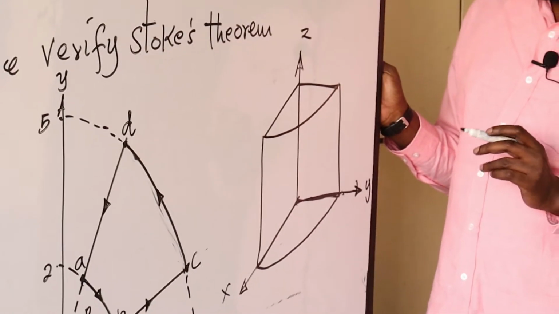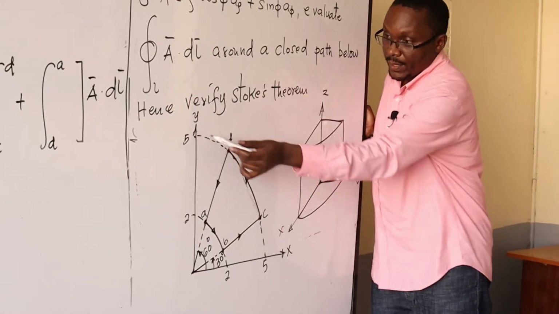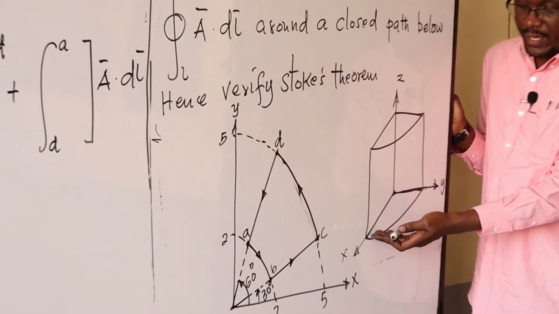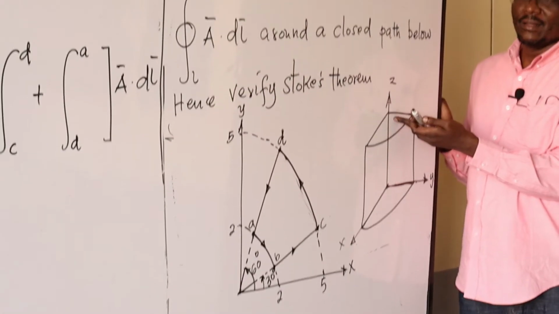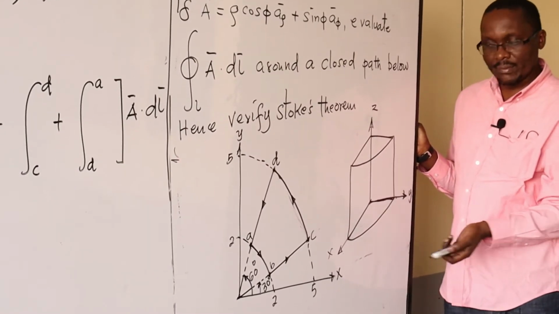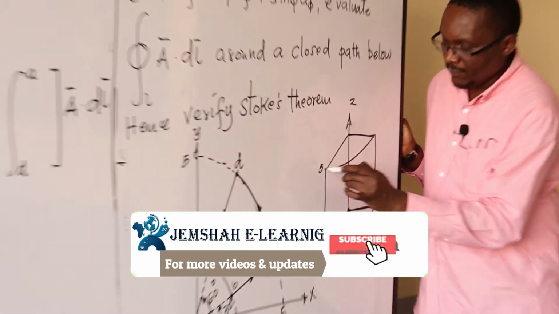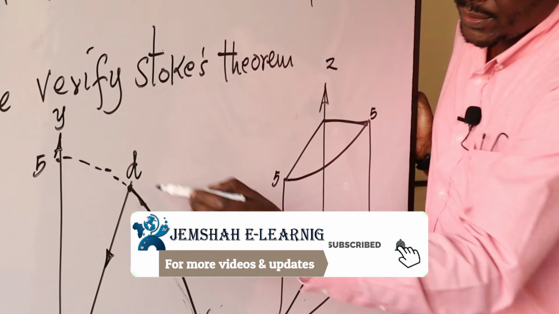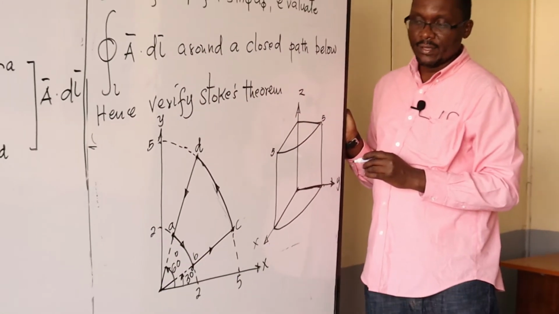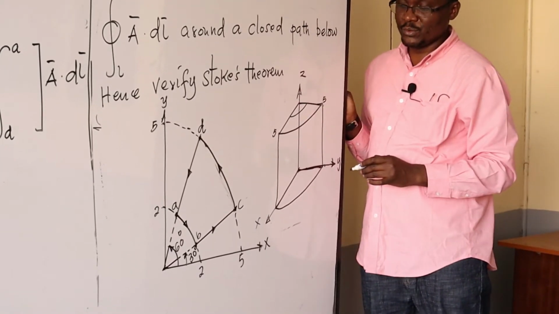If you look keenly, whatever we have is in the XY plane. So this is X and this is Y plane. This thing is either at the bottom or at the top, but for us to pick positive values, any can do. Now, let us assume that this is where we have our 5. This particular radius is 5, and then this is 2.